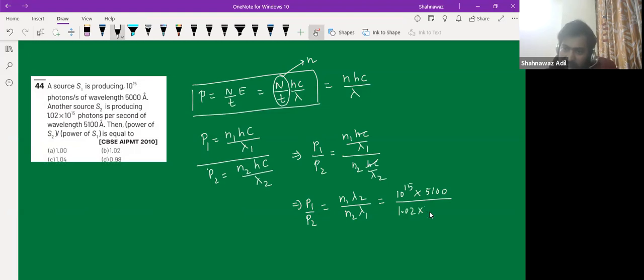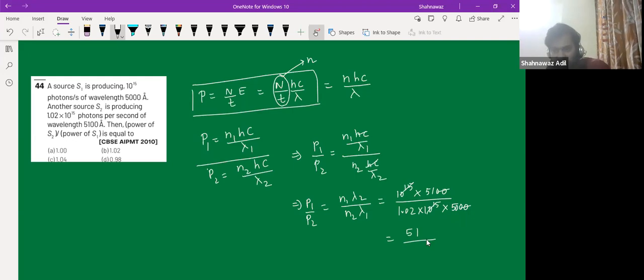1.02 into 10 to the power 15 multiplied by lambda 5,000. So this double zero will cancel, and 10 to the power 15, 10 to the power 15 cancels. So 51 divided by, how much is this? Multiply this.